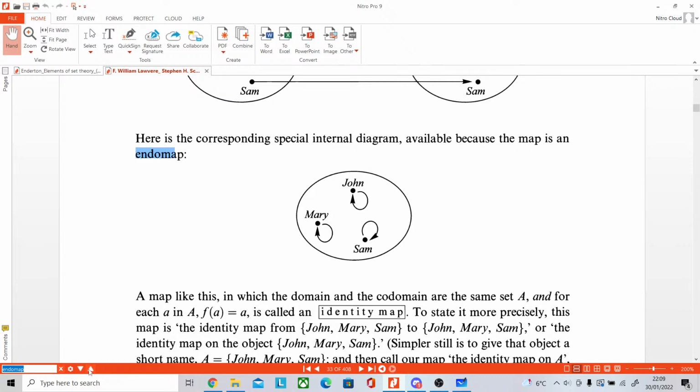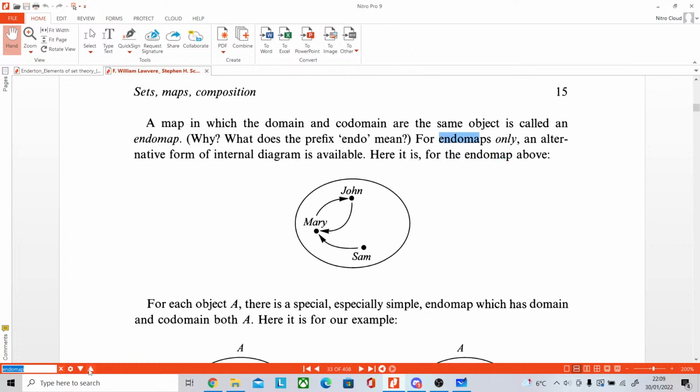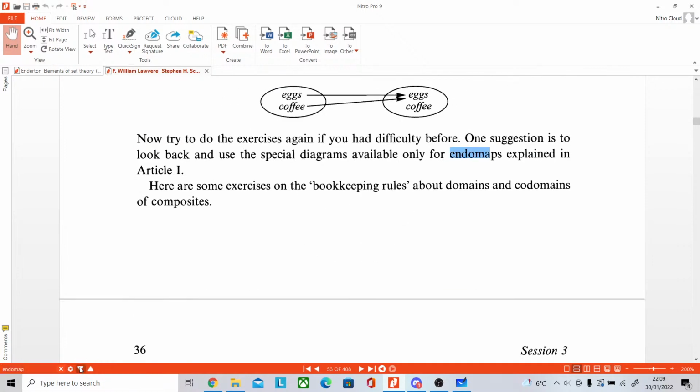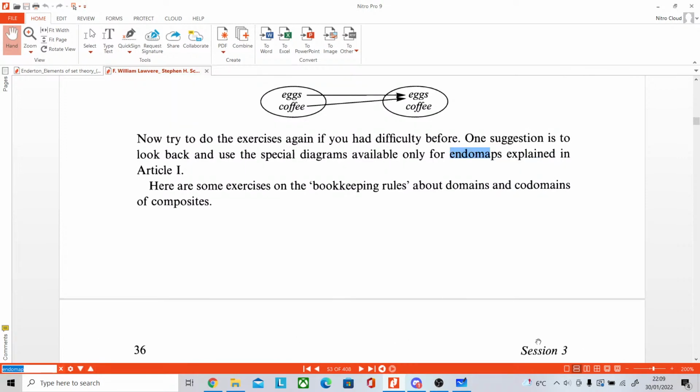Oh, what's an endomap? A map in which domain and codomain are the same object is called an endomap. Ah, so that's what it means. A map in which codomain and domain is the same. Alright.